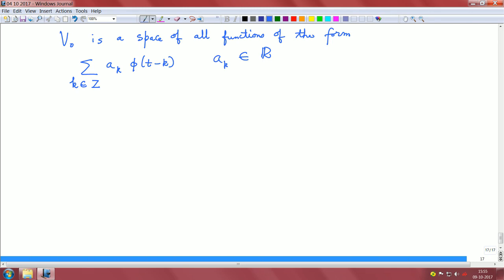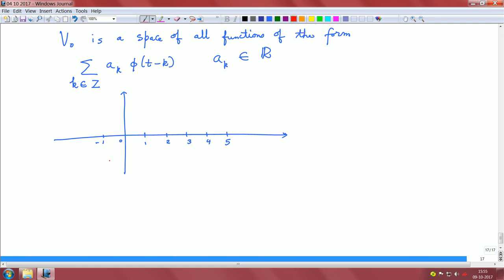Now, how can we picture this function? One of the ways we can picture it is as follows. I have time steps minus 1, 0, time step 1, time step 2, time step 3, time step 4, 5, and so on.